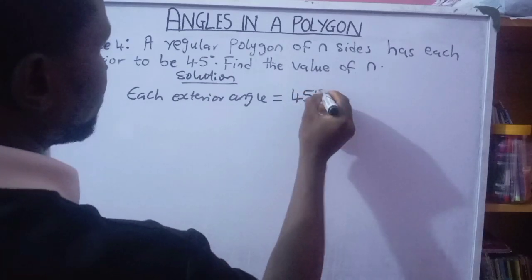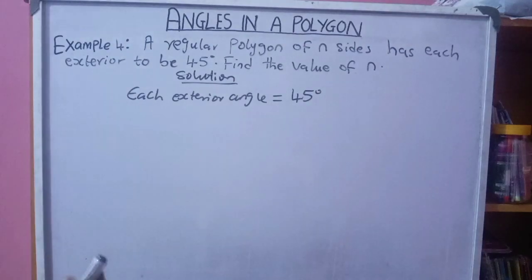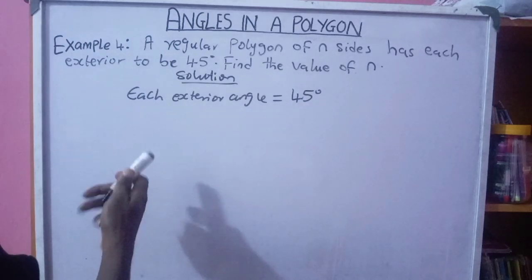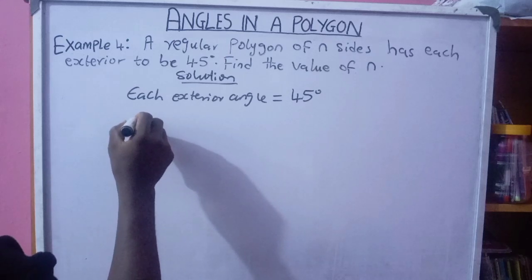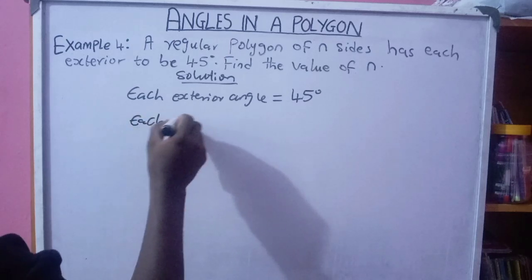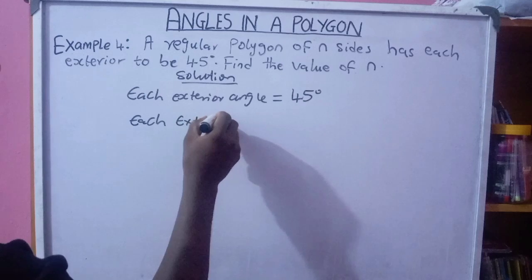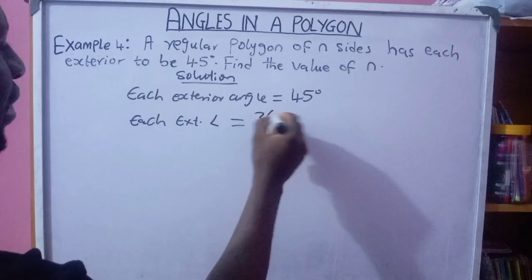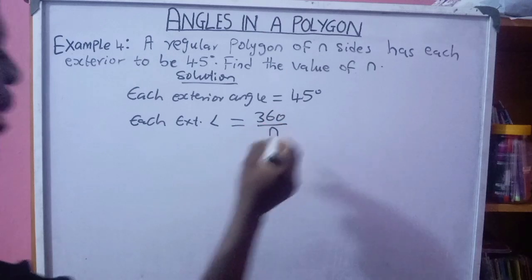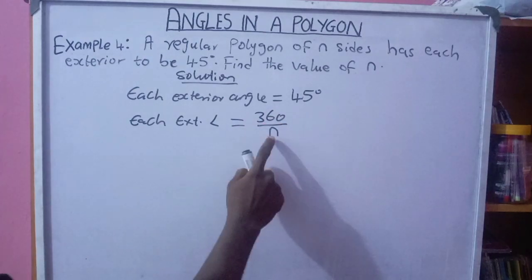So what is the formula for calculating each exterior angle of a regular polygon? The formula is given to us at the beginning of this video: each exterior angle is equal to 360 all over n, where n represents the number of sides.